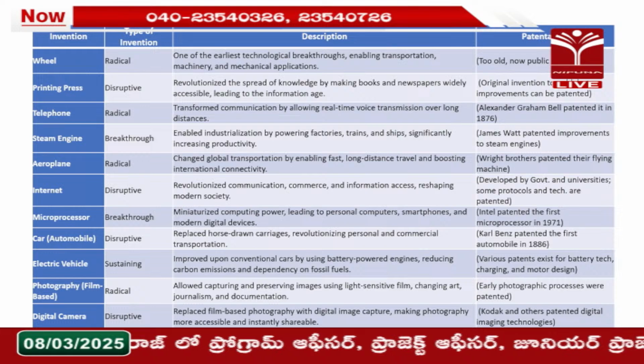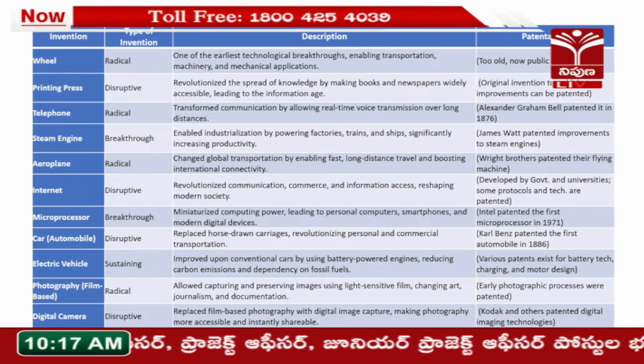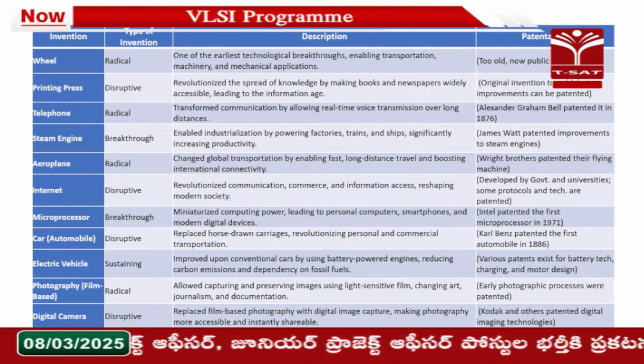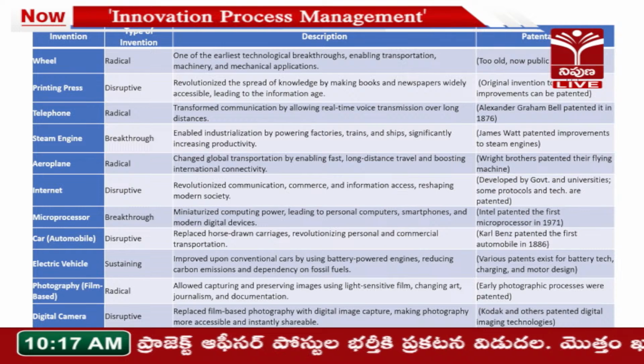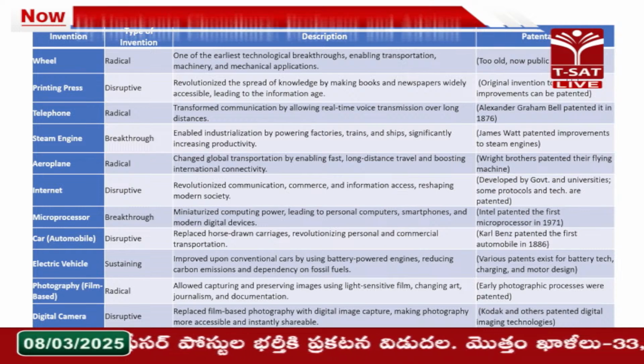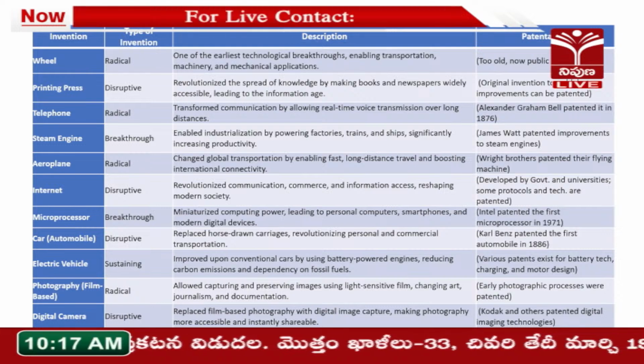That has been converted to a steam engine, which was slowly replaced by the diesel engine, and then the diesel engine slowly by the electric engine, and in the future it is going to be hydrogen fuel.